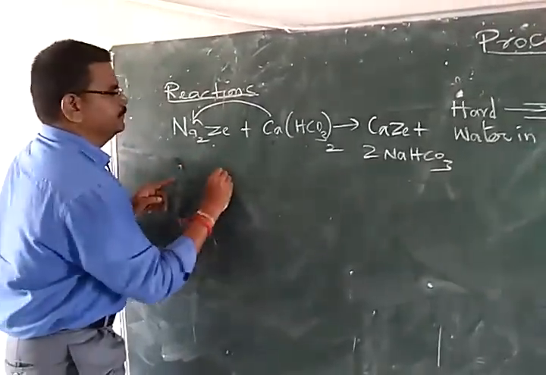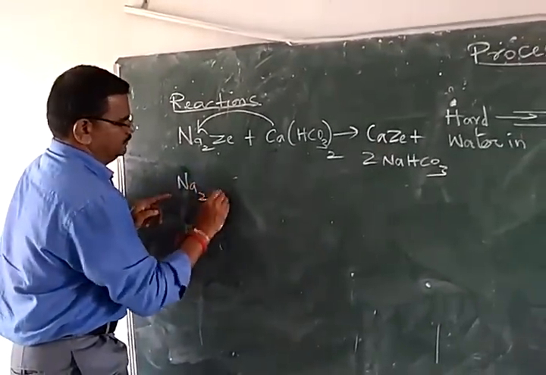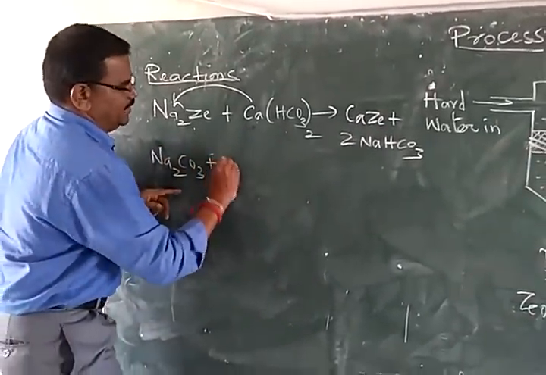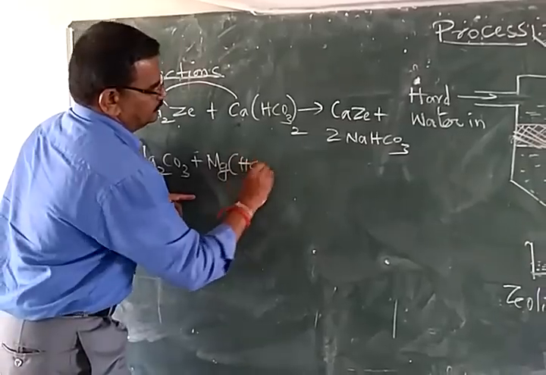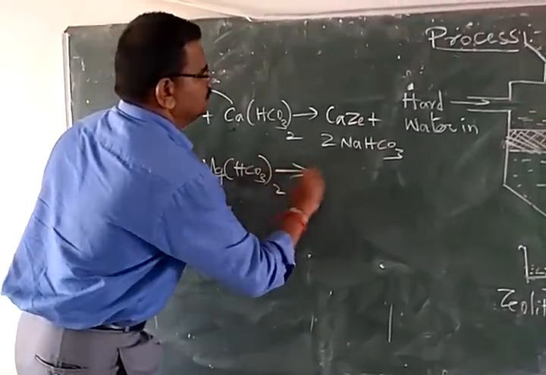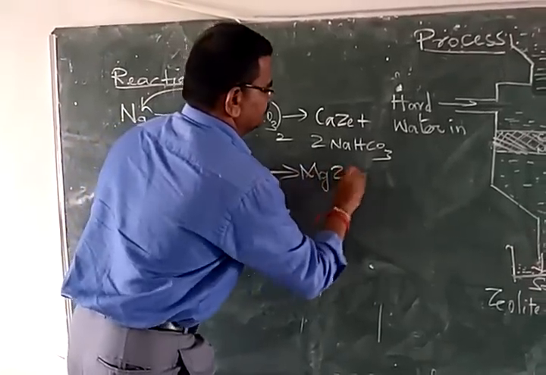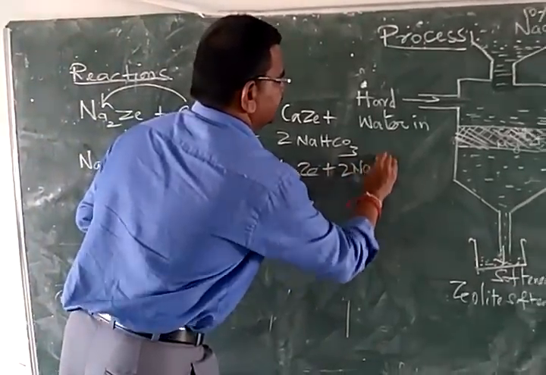Similarly, sodium zeolite reacts with magnesium bicarbonate and gives MgZe plus 2NaHCO3.